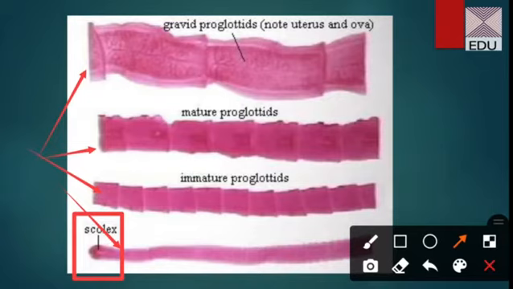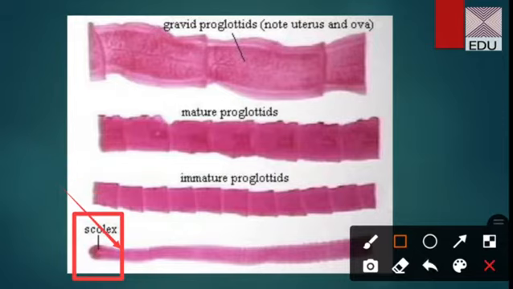If we take the very first type, which is the immature proglottids, as I have told you in the earlier lecture, immature proglottids lack any kind of testes or ovaries. So they are reproductively immature. That's why they are called immature proglottids.